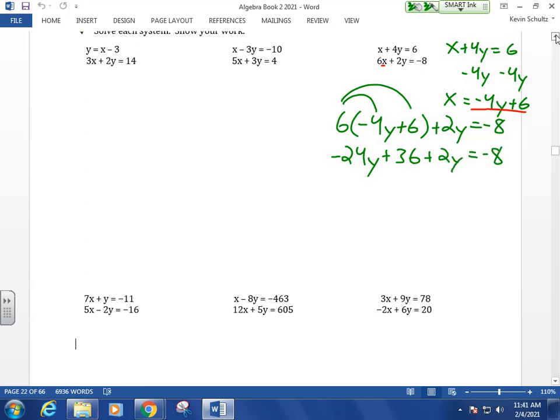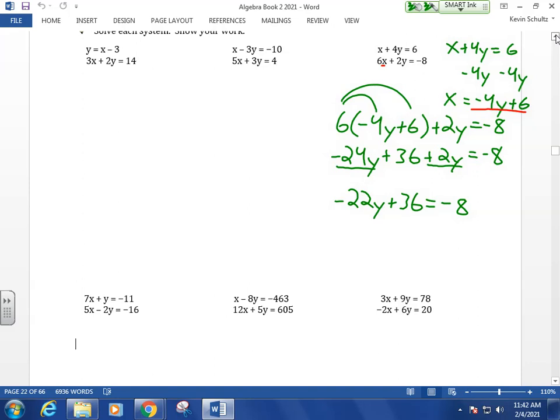And then plus 2y equals negative 8. Now, combining like terms, we have a negative 24y and a positive 2y. Putting those together gives us negative 22y. If you got negative 26y, either you used opposite operations when you shouldn't have, because we're all on the same side here, we're just combining them, or you went the wrong direction. Negative 24 plus 2 is a negative 22, not negative 26.